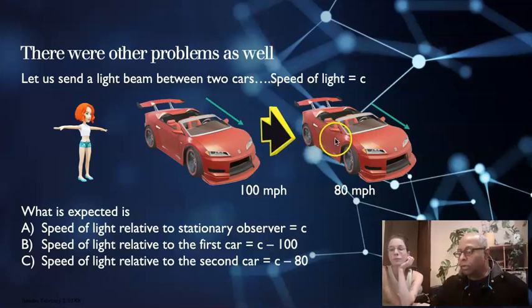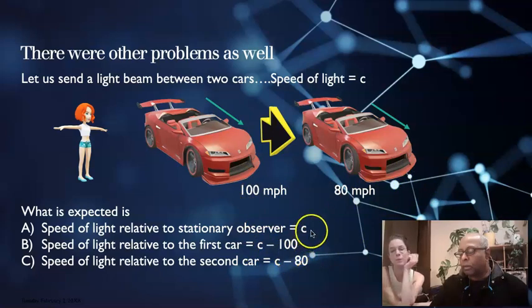So he should see the speed of light as c minus 80, right? Now she would see the speed of light as c, because she's not moving. But he is moving, this driver is moving, so he should see the speed of light as c minus whatever his speed is. Yeah, c minus 80. This car is c minus 100.